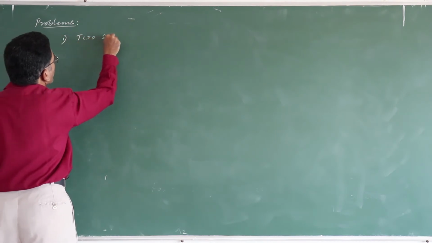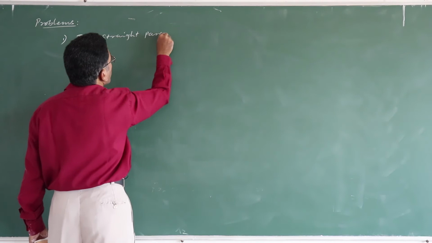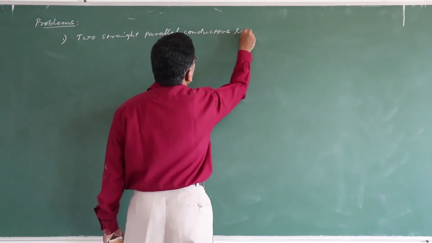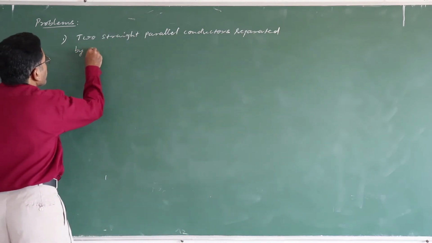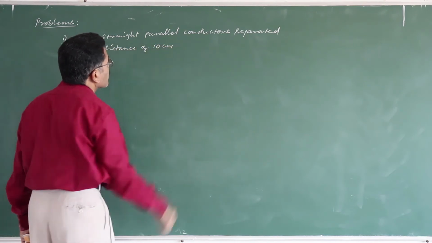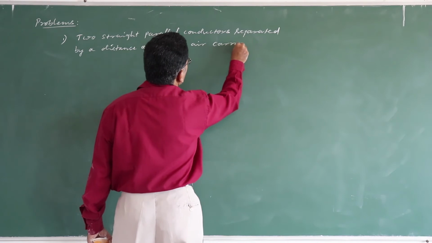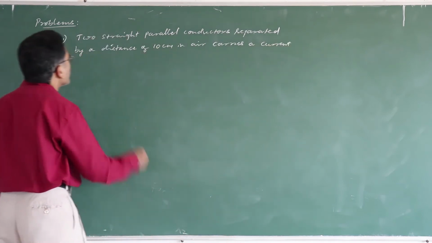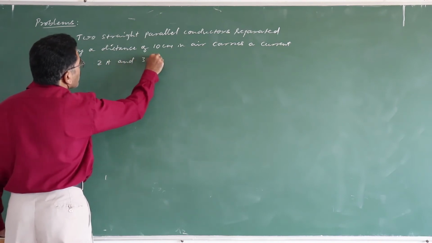Two straight parallel conductors separated by a distance of 10 centimeter in air carry a current of 2 ampere and 3 ampere respectively.